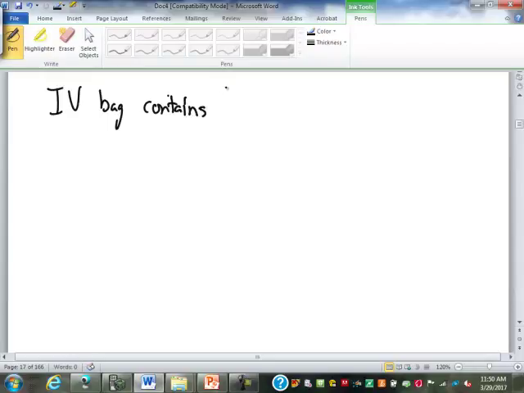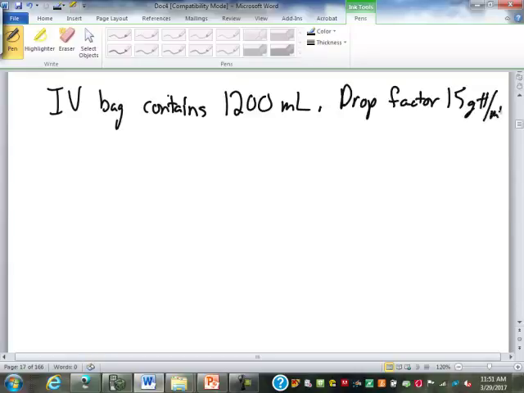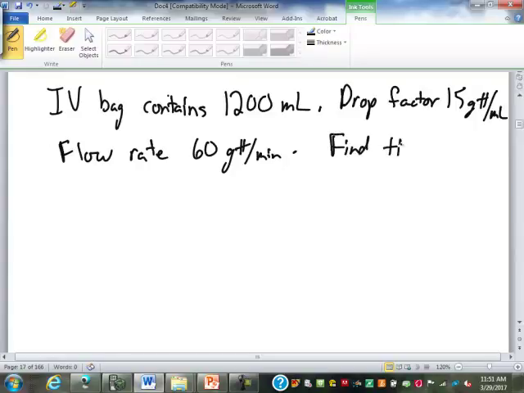An IV bag that contains 1,200 milliliters of fluid with a drop factor of 15 drops per milliliter, and it is flowing at a rate of 60 drops per minute. Again, I want to find the time to empty that bag.